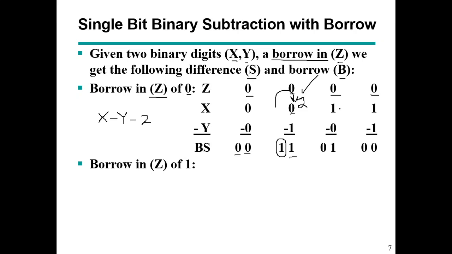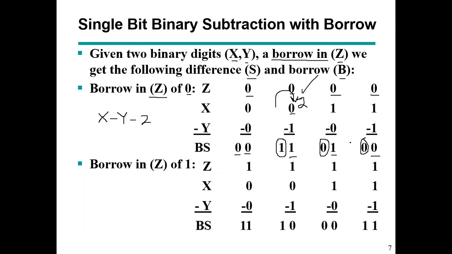Now here we calculate x minus y. x is bigger than y. 1 minus 0, so the result is 1. We did not need to borrow anything in order to carry out this subtraction. And here again 1 minus 1 is 0. They are both equal. We did not need to do any borrowing. So this was relatively easy. The next one is a little trickier.